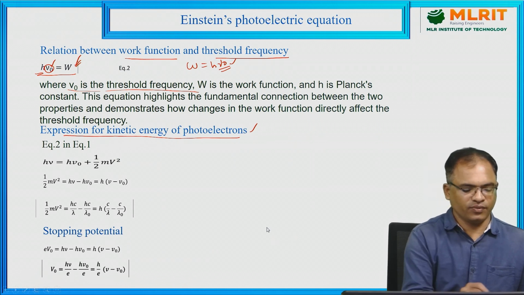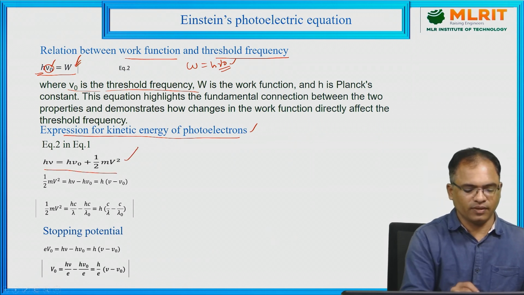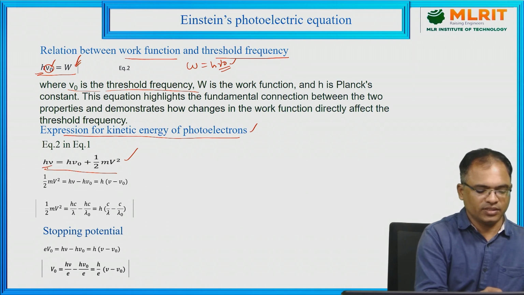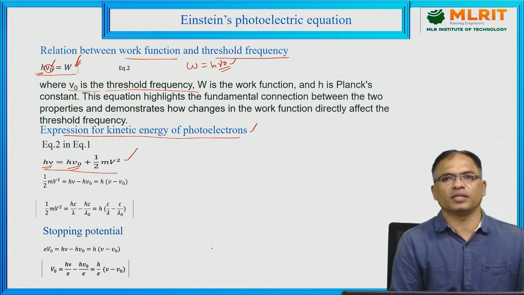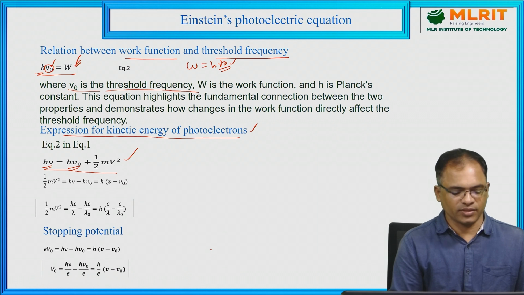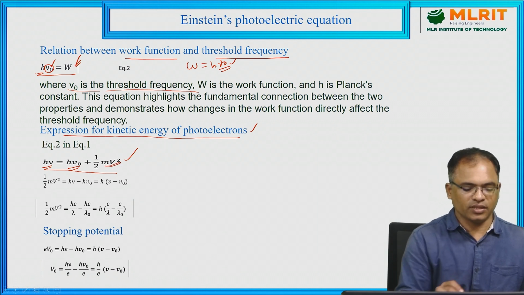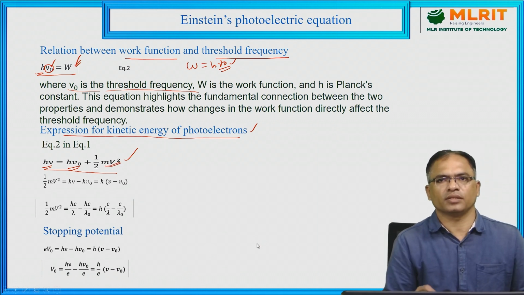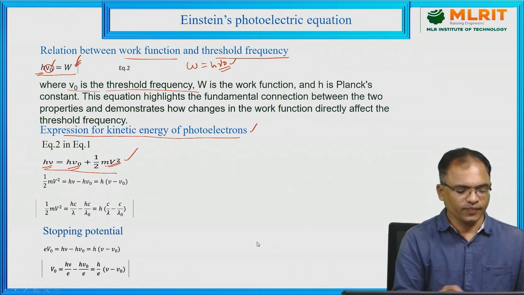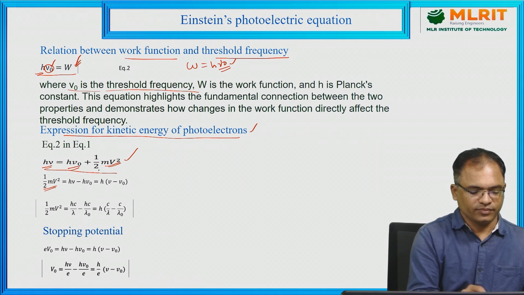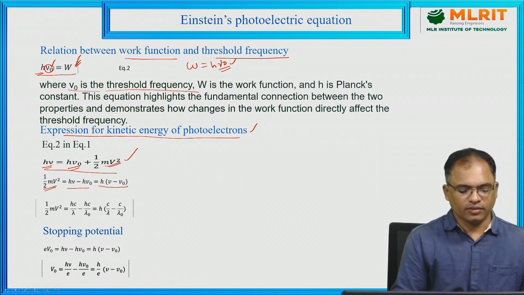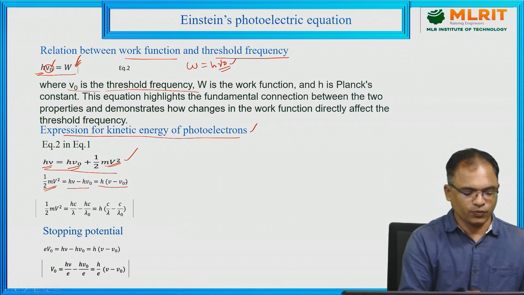For that we are going to use this Einstein equation, where h nu is energy of the incident radiation and h nu naught is the minimum energy required to liberate an electron from the metal surface, and half mv square is the kinetic energy which is given to the photoelectron. Now, half mv square is equal to h nu minus h nu naught. We can take h as common, h into nu minus nu naught.